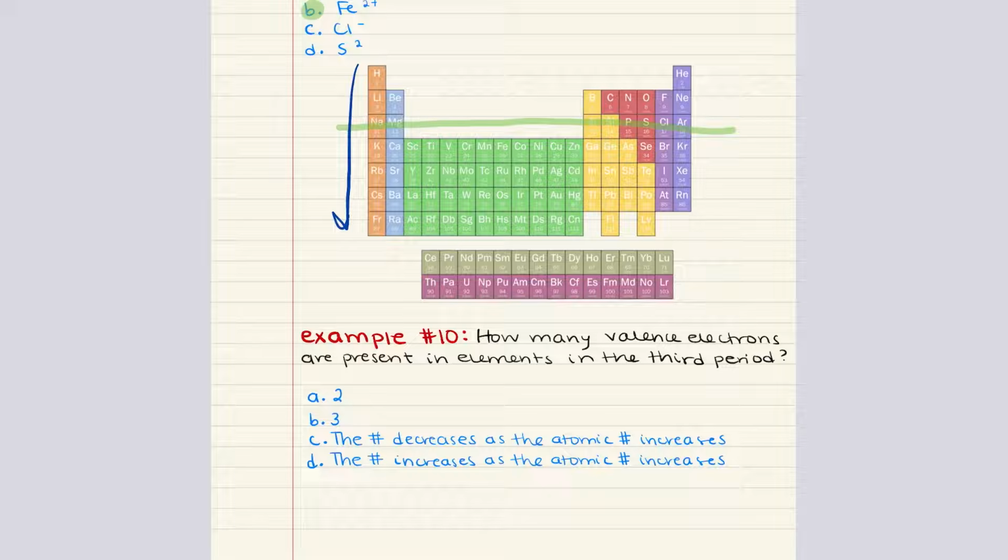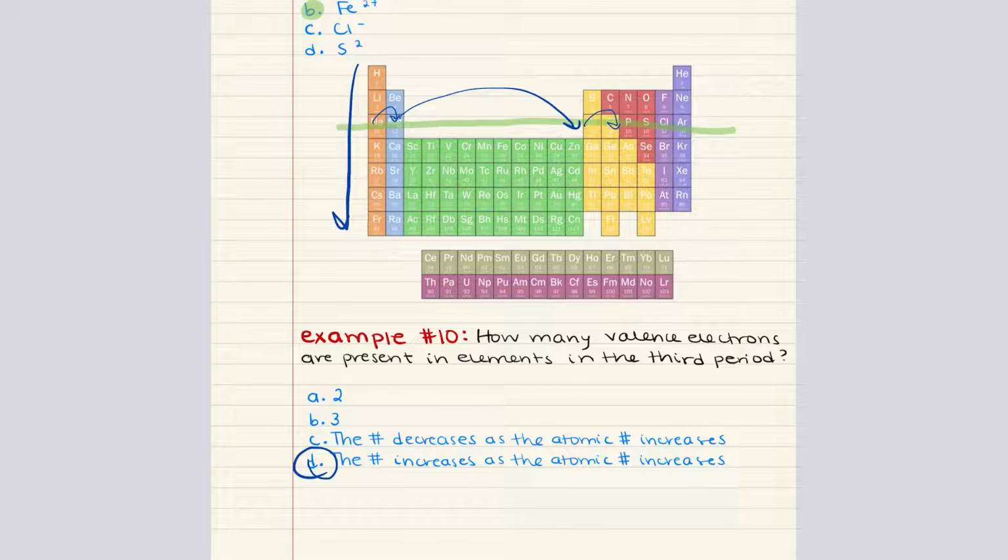Now, within the same period, what we know is that an additional electron is added with each step towards the right side of the table. And so the number increases as the atomic number increases. And so the correct answer here for 10 is D.